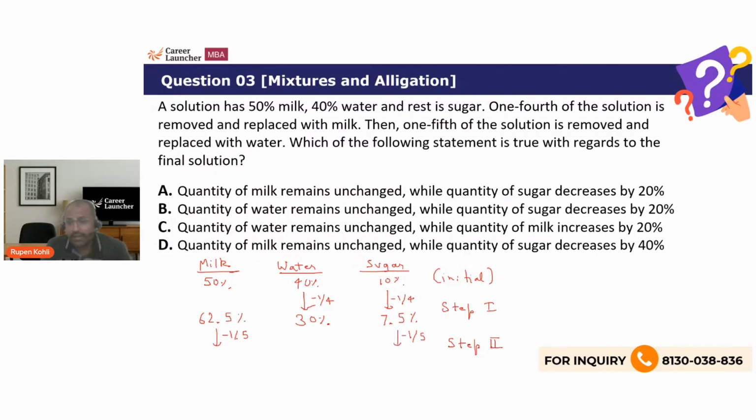So 62.5, 1/5 of that is 12.5. 62.5 minus 12.5, we are left with 50% milk. We are back to where we started, we started with 50, we are back to 50. And 7.5, 1/5 of that is 1.5. 7.5 minus 1.5, so you're left with 6% of sugar. So 56% total for milk and sugar. The remaining 44% will be your water.